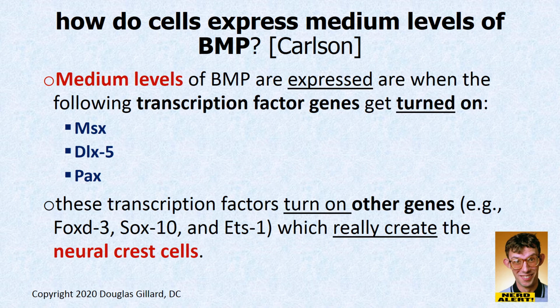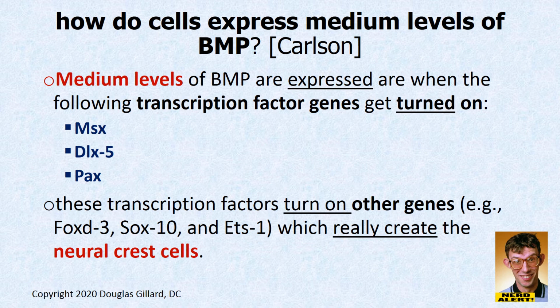So there are some transcription factors that need to be turned on in order to make this work. We have MSX, DLX5, and PAX as the transcription factors that you need to have. These genes also need to be turned on in these cells. And these transcription factors turn on other genes like FOXD3, SOX10, ETS1.